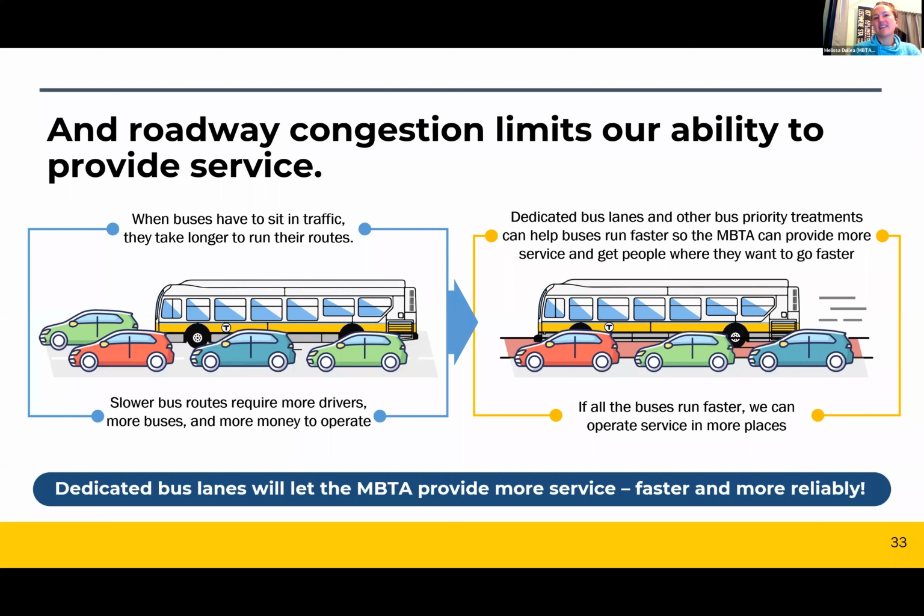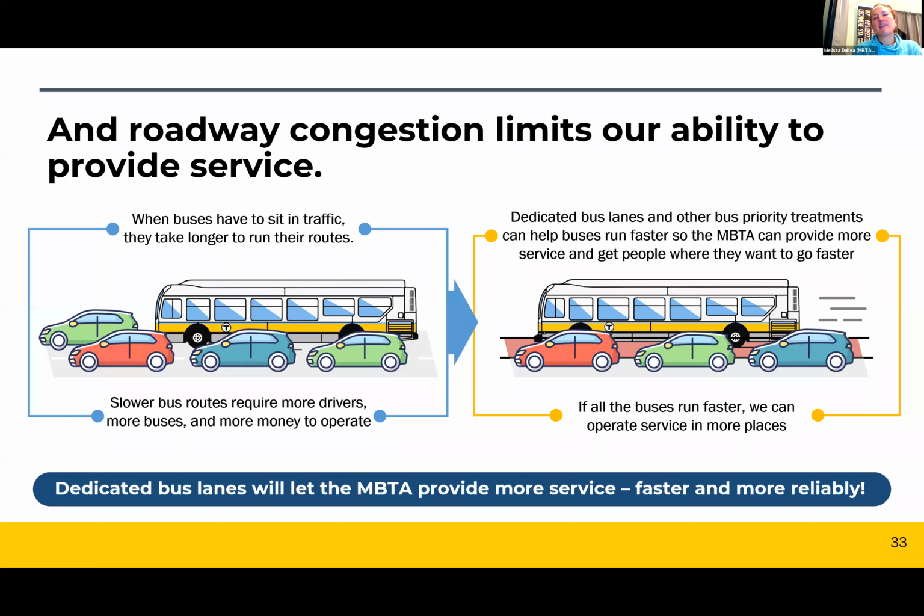Another constraint on our ability to provide service is roadway congestion. When buses sit in traffic, it takes longer to run those routes, and it means that we're not getting as much value from that bus and that operator as from the same bus and operator operating through a dedicated bus lane or a place with other high quality bus priority treatments, where those resources can be more impactful and provide better frequency and faster trip times for people.